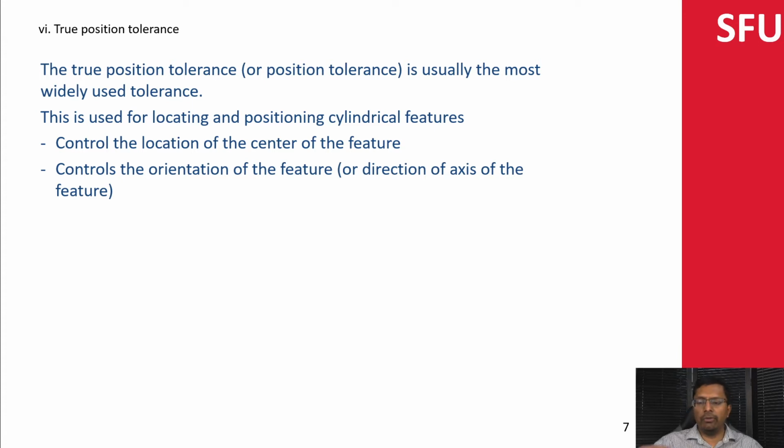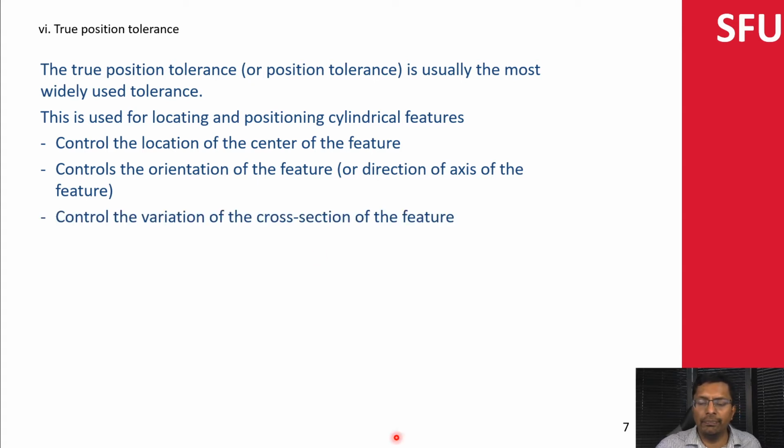If this is my cylinder, I'm ensuring tolerance on the location, that's the true position, and also the orientation and potentially how the whole axis changes. So you're actually controlling multiple things at once. We're also controlling the cross section variation here.